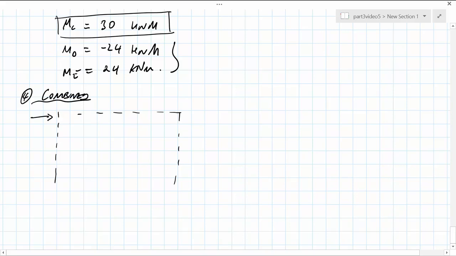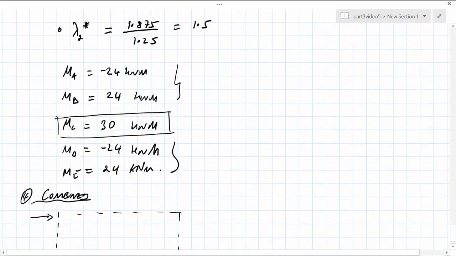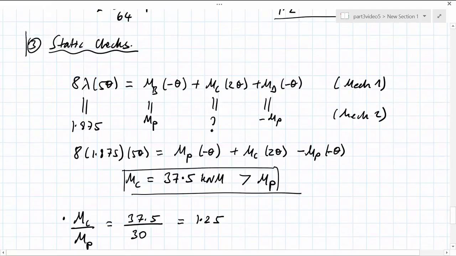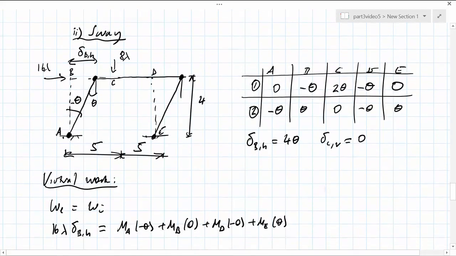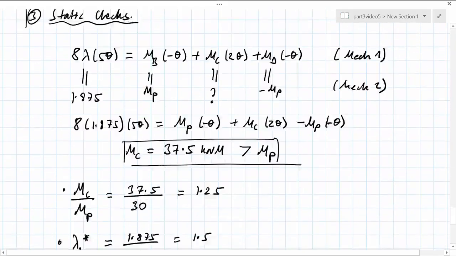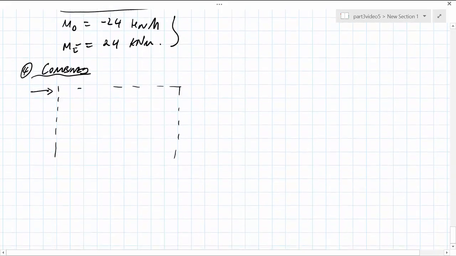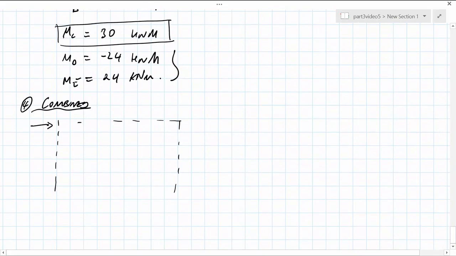With the combined mechanism, we sum up the angles that were produced in the table above to determine the final combined collapse mechanism. So we have mechanism 1, mechanism 2, and the combined mechanism.